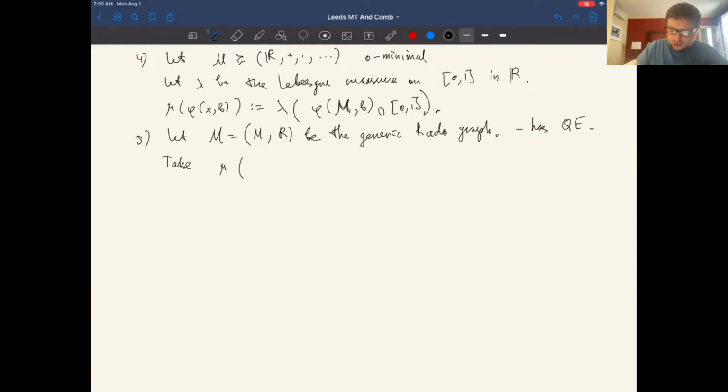And so we can define a measure: if we have a definable set defined by the condition that x is connected to some a_i, but not connected to some b_j, then we define the measure of such a set to be 2 to the power minus the cardinality of I plus J.